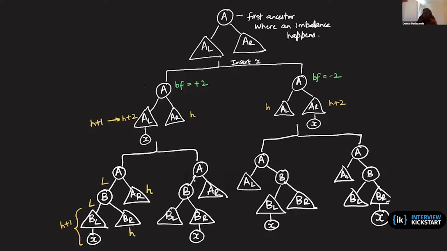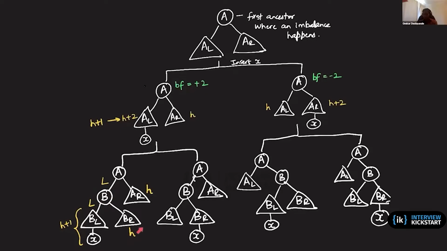Well, if it had a height of H minus 1, there would be a violation at B itself. Since this would be H plus 1 and this H minus 1, the balance factor at B would be violated. We are assuming that A is the first ancestor where the balance factor has been violated. So the balance factor at B must have become plus 1. It didn't violate. That's why the repercussions went up to A. So if the balance factor here became plus 1, the height here must be H.